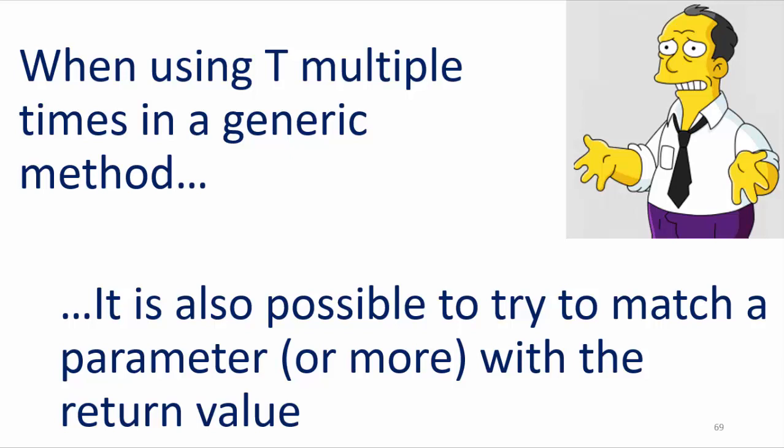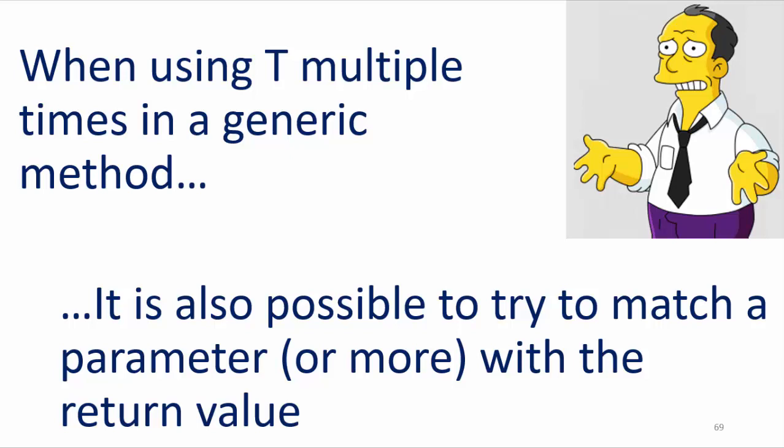So now, when we are using the type parameter t multiple times in a generic method, we have tried coming up with examples where t was appearing as qualifier of the data type of the first parameter of the method, and then also as qualifier of the data type for the second parameter.